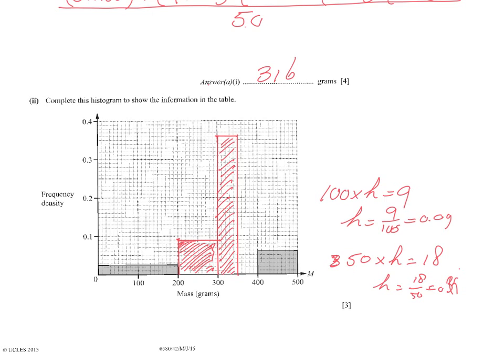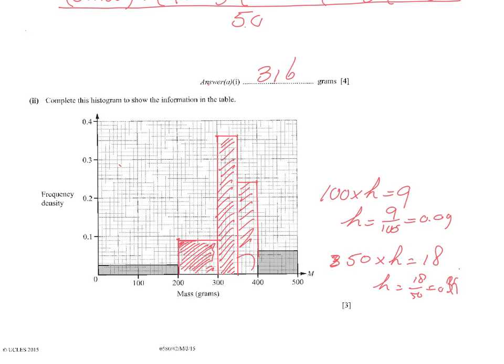So if you do that properly, then the height you'll find out has to be 0.24. So you go to 0.24, which is here. So do not accidentally go to 0.25 because that will be wrong. 0.24. And as you can see, the bars are all connected. There's no space between them. Good. And you are accurate with your working, and if you like, you shade it a little bit.